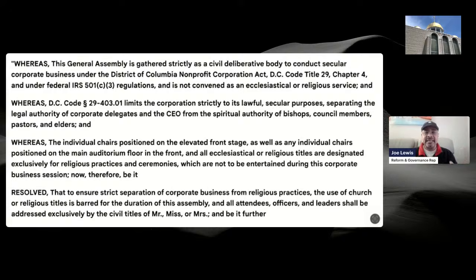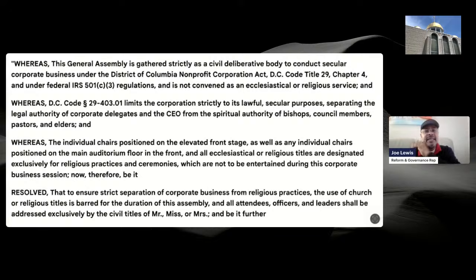All this is saying is that the purpose of the General Assembly has nothing whatsoever to do with the religious side of the organization. The purpose of the assembly is to take care of the business of the organization, which is in compliance with the 501(c)(3) status.